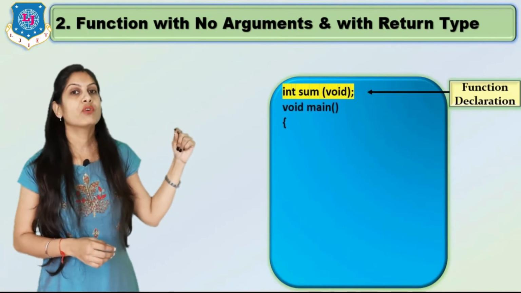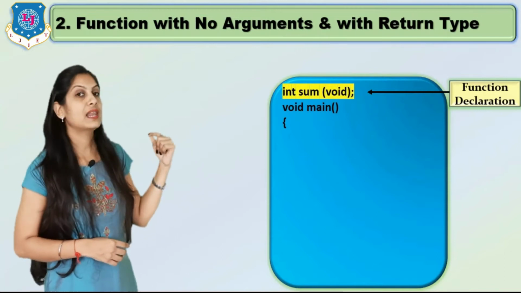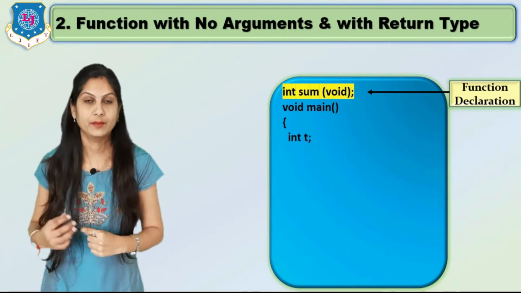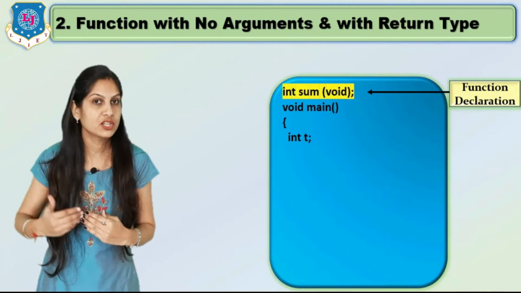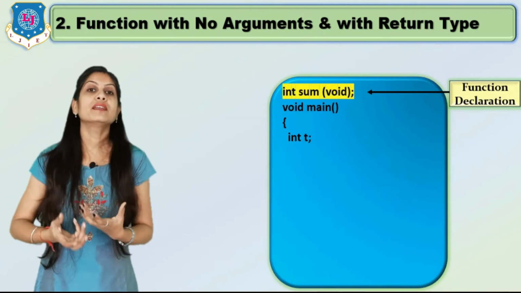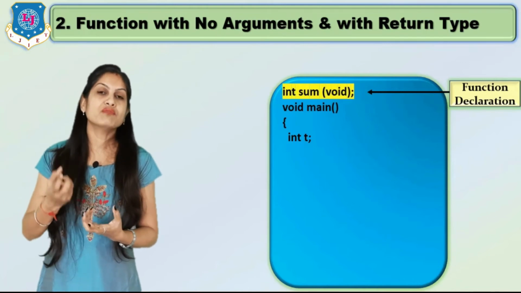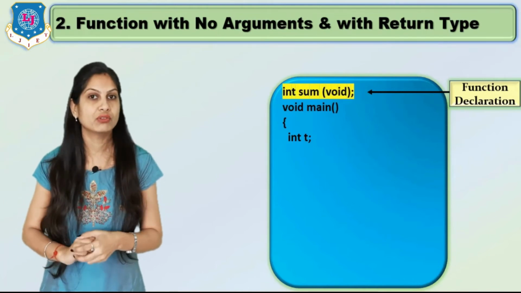Then inside void main we have to write int t. Why? Because when we call this function in our void main, it returns something, and that return value we have to store in a particular variable.